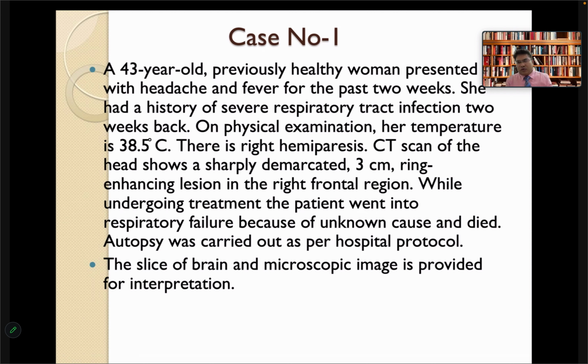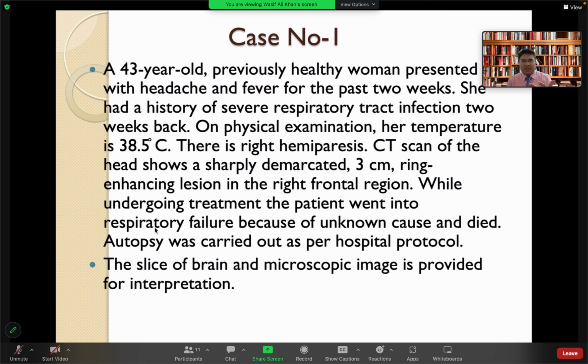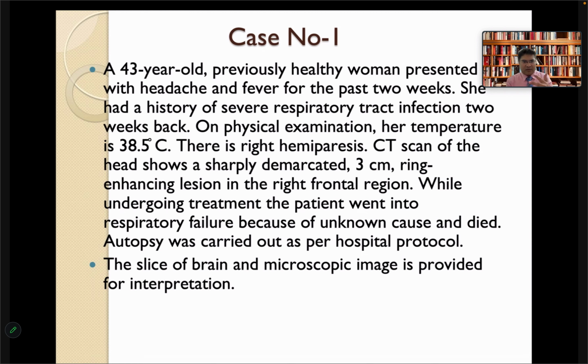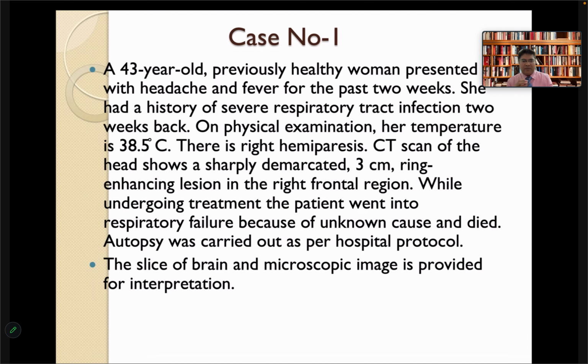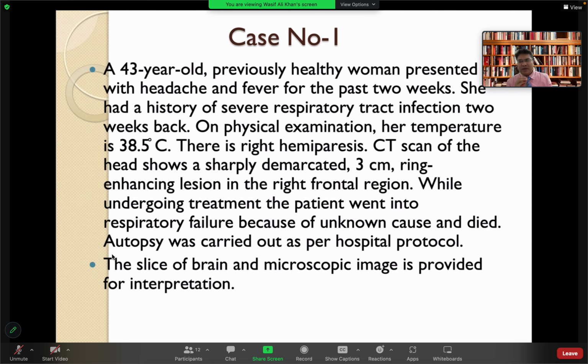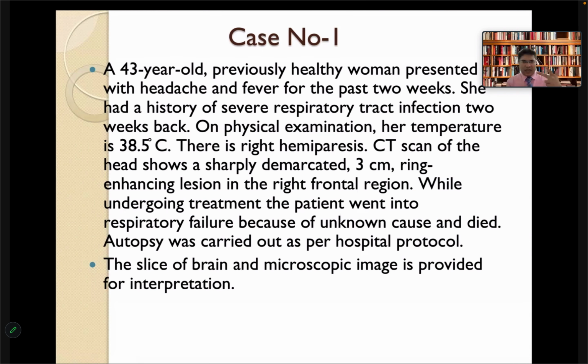If you look at the clinical features, you will find that there are 3 important clinical manifestations: headache, fever, and neurological deficit. So these 3 important features are called the triad, right? These are the triad of brain abscess. If a patient is presenting with brain abscess, then there is high possibility the patient will present with headache, fever, and focal neurological deficit.